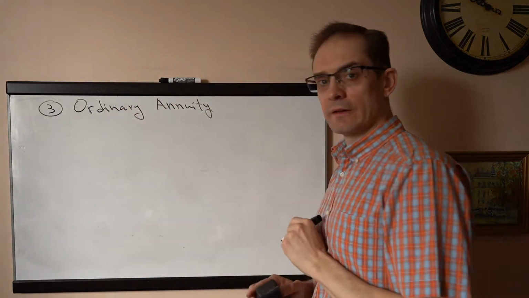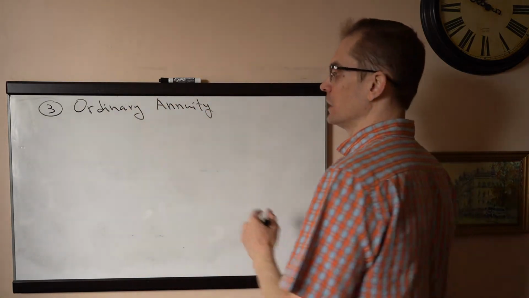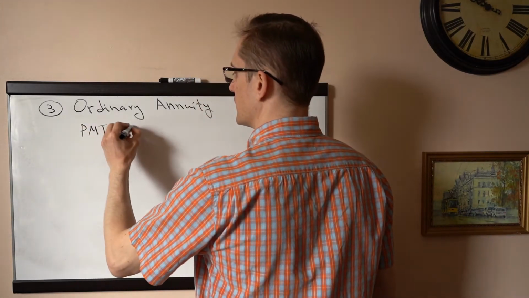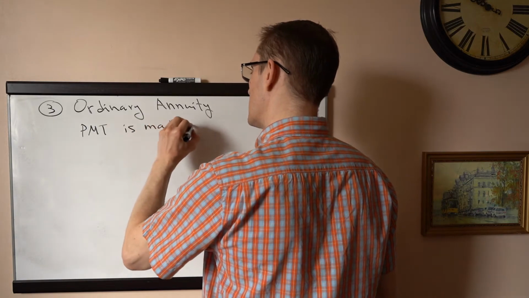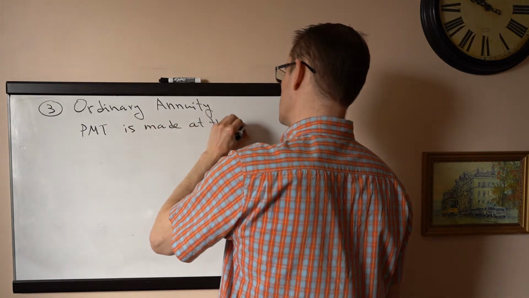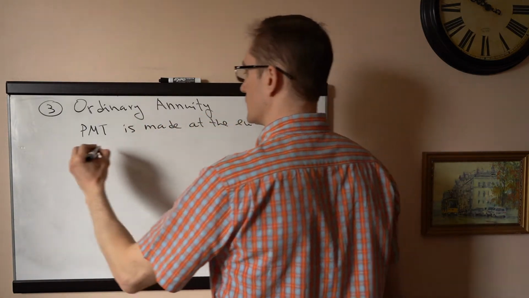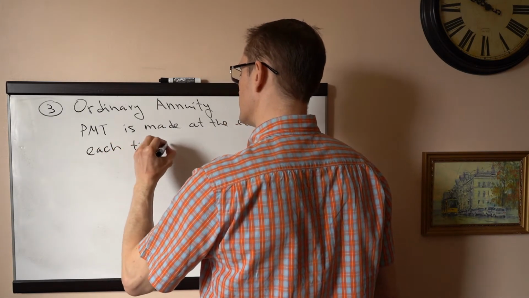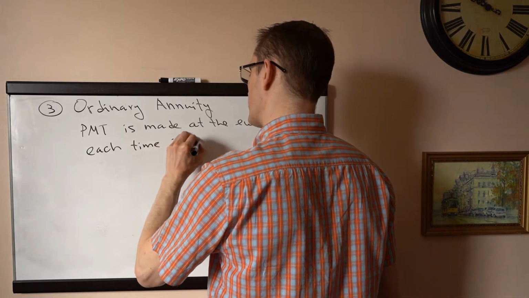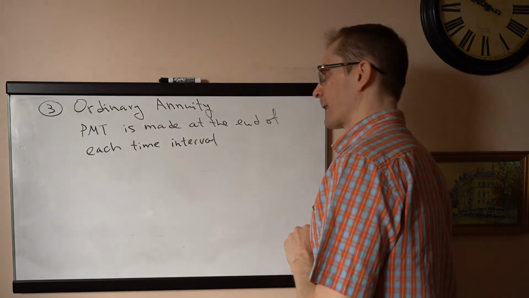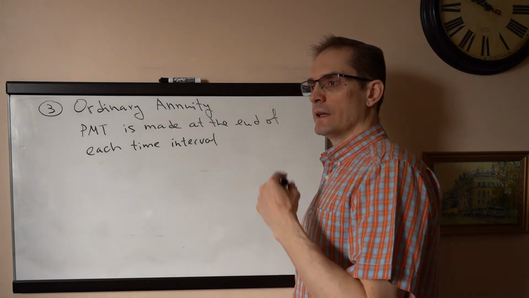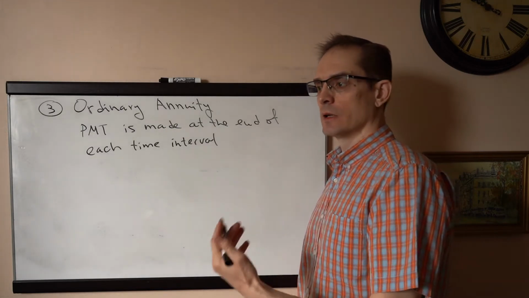If we have an ordinary annuity, the payment (PMT) is made at the end of each time interval. Which means that in an ordinary annuity you pay at the end of each time interval.